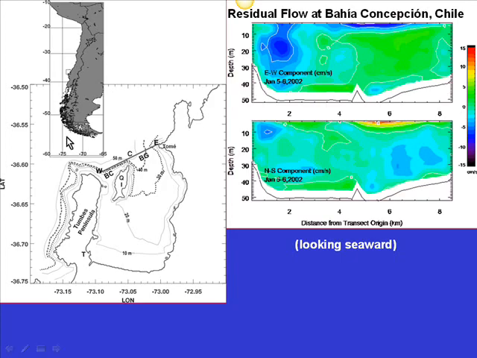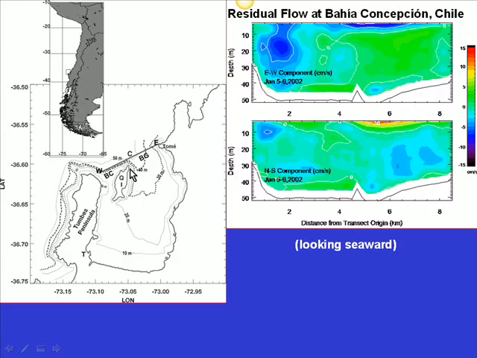And now we go to Chile, to the mid coast of Chile right here in the Pacific Ocean. You're looking at a bay here that's called Bay of Concepcion. And the bathymetry you see there is much deeper than the previous case. Right at the mouth we have 40 meters, 30 meters deep.